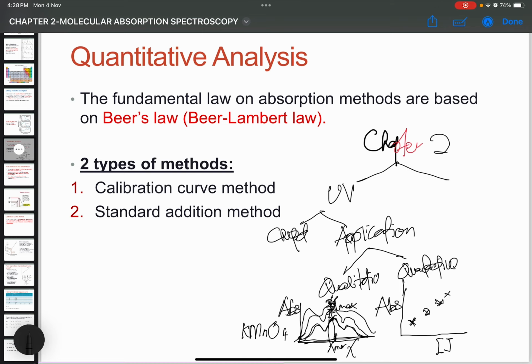From that we can plot a calibration curve, and if we have an unknown, we get the absorbance for the unknown, and by extrapolating the calibration curve, we can find the concentration of the unknown. So that is the difference between qualitative and quantitative.